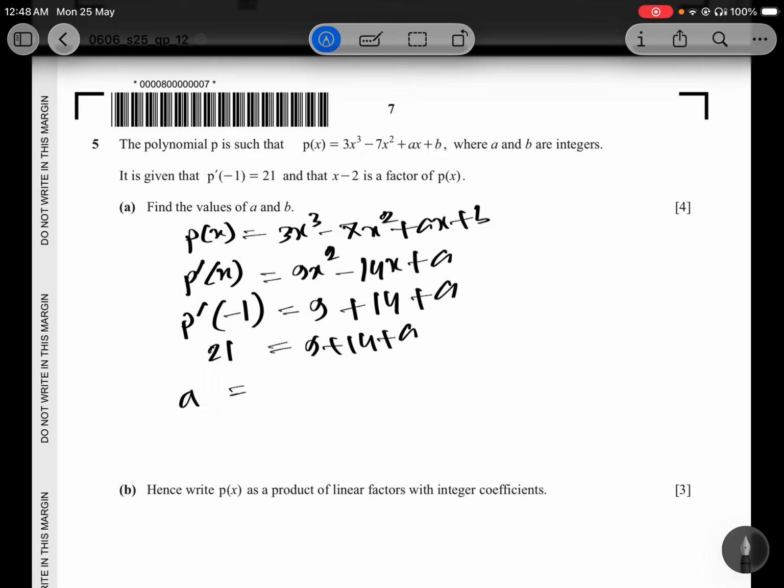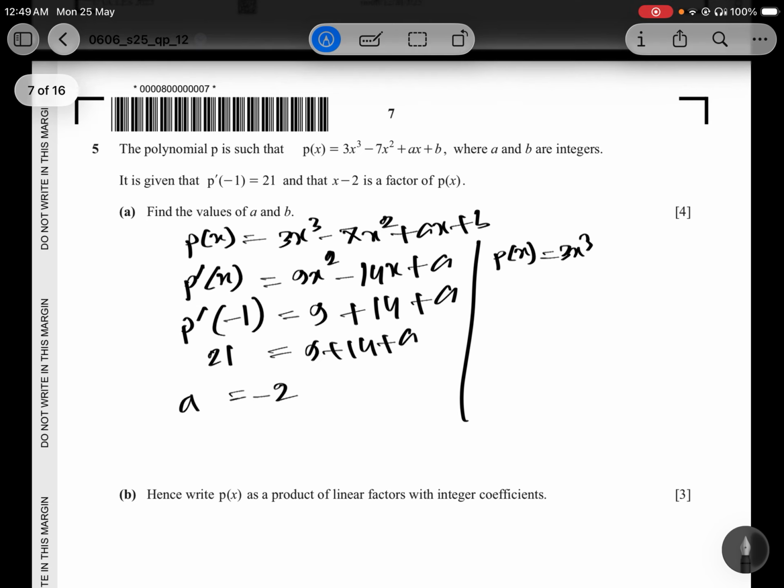It should be -2. Yeah, it should be -2. Now we need to get the value of b. Okay, P of x is 3x cubed minus 7x squared plus ax plus b.